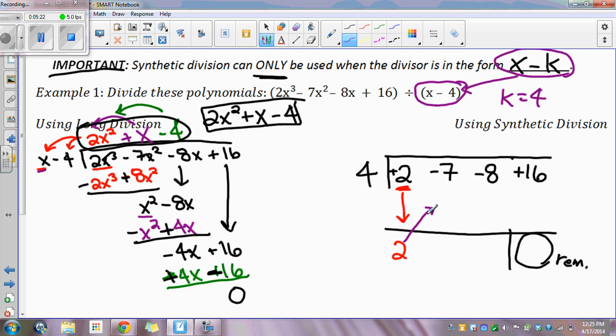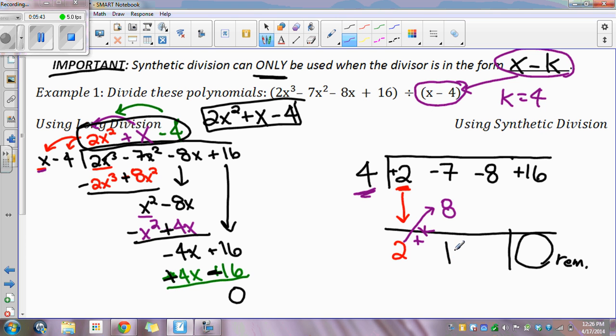And when you draw that diagonal arrow, you're multiplying by k. And in this case, our k is 4. So we multiply by 4, we get positive 8. Then you add up the whole column. So negative 7 plus 8 is 1.